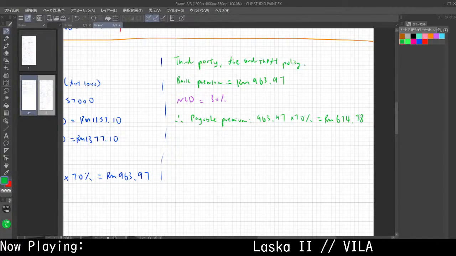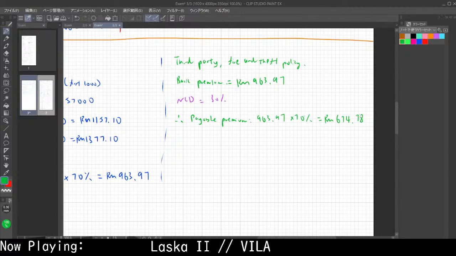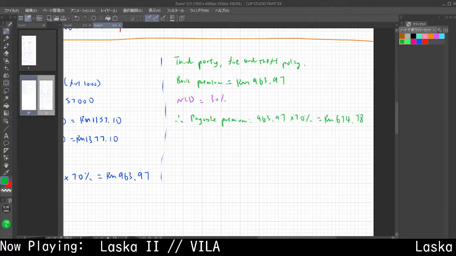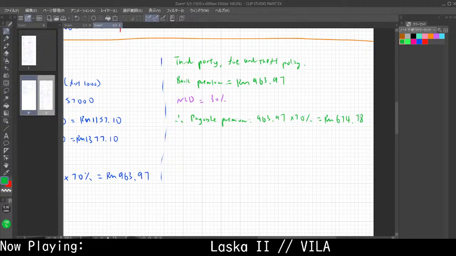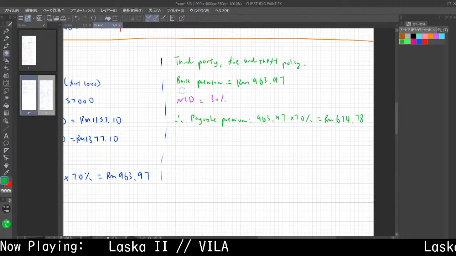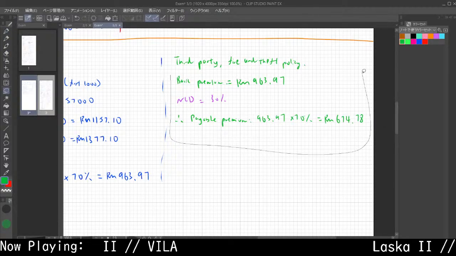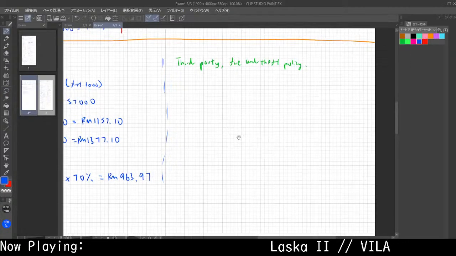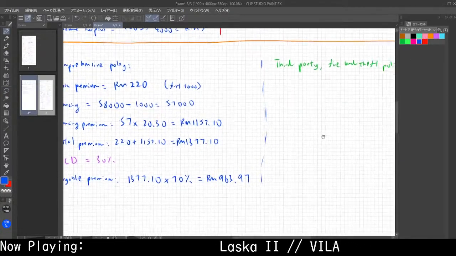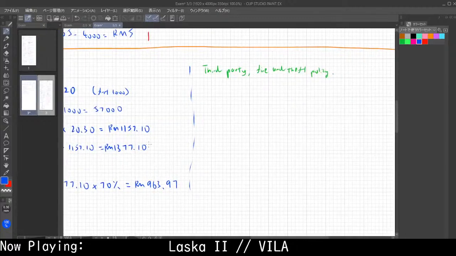Oh no, never mind. Sorry, I just realized, you don't want to use the one after the NCD. Disregard this. Your basic premium is the total premium of your comprehensive before your NCD.